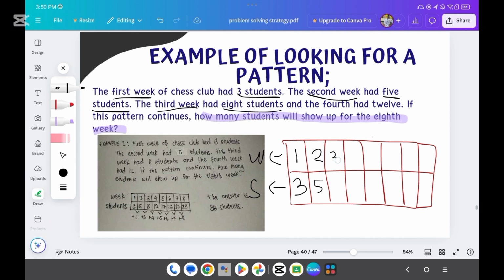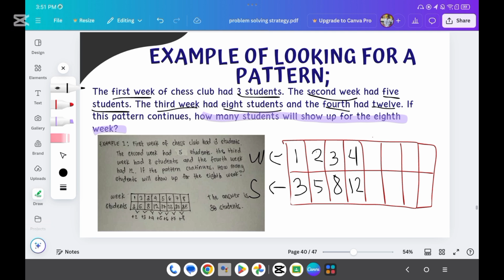Third week and 8 students. And the fourth week had 12. 4 and 12. Okay. If this pattern continues, how many students will show up for the 8th week?